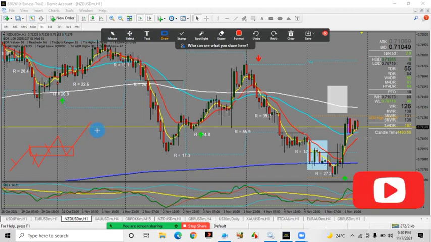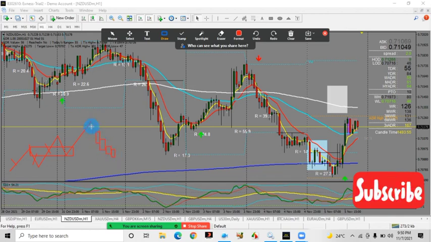Then we have what we call the imbalance. The last time I promised you we would just talk about order block and imbalance. What we mean by imbalance is this. When a candle is trending, the candles normally overlap.